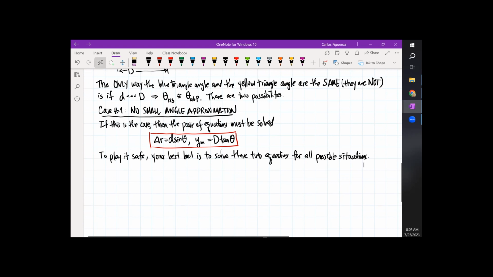Now, there's a second situation. And this is case number 2. Here, this is the small angle approximation.